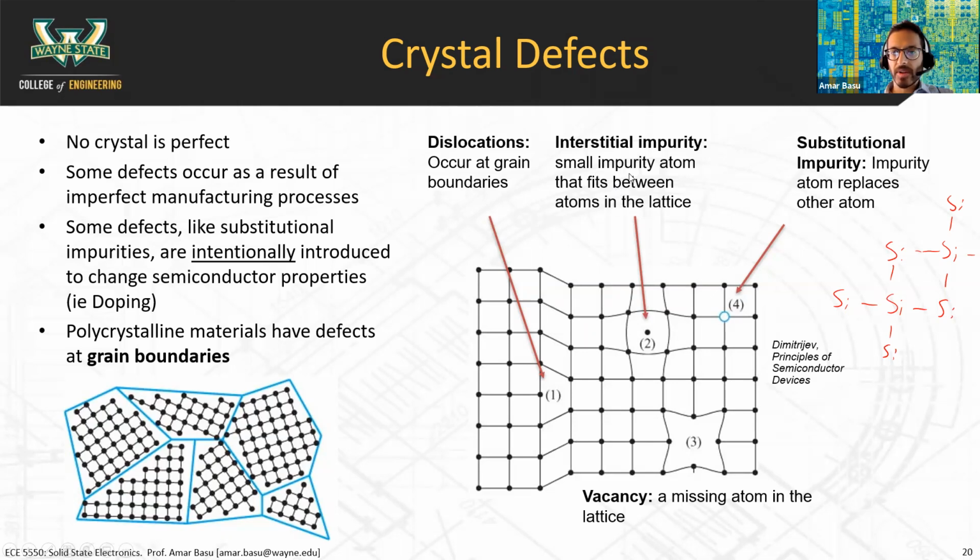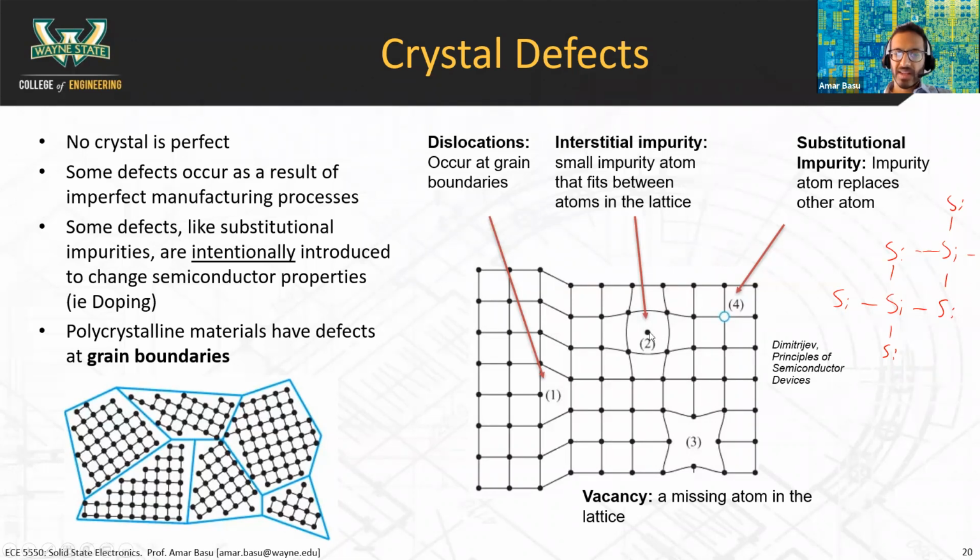This is a small impurity atom that fits between the atoms in the lattice. Okay, so imagine that you have, let's say, a small atom, you can pick any small atom, like an oxygen, for example, and it's pushed in between the silicon atoms here in the lattice.